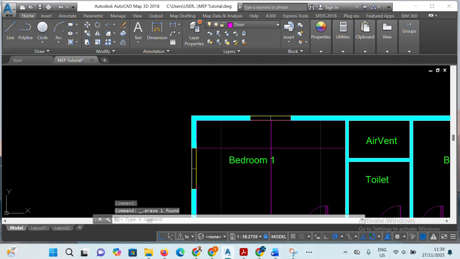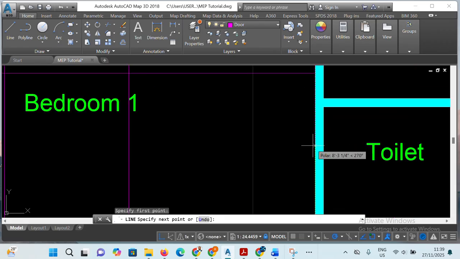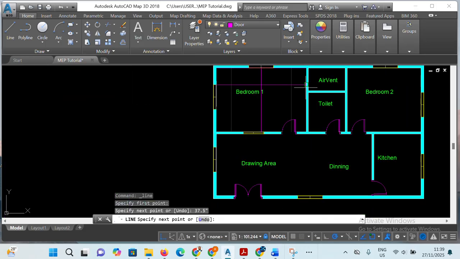The lines are not aligning, so let me take it again from this side along this line.